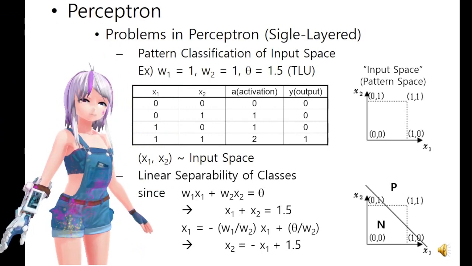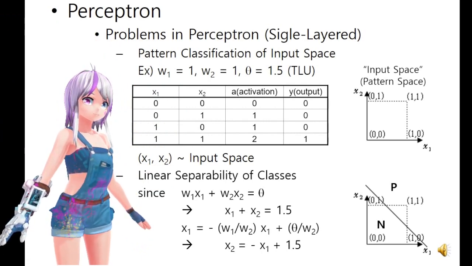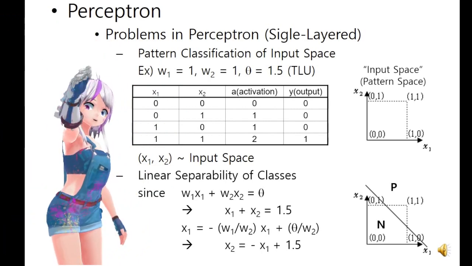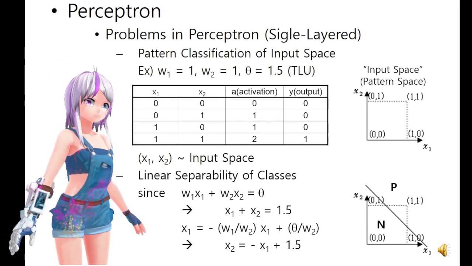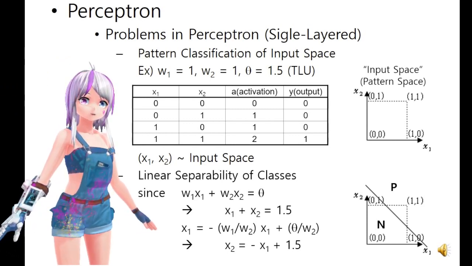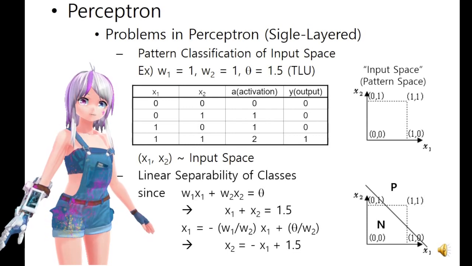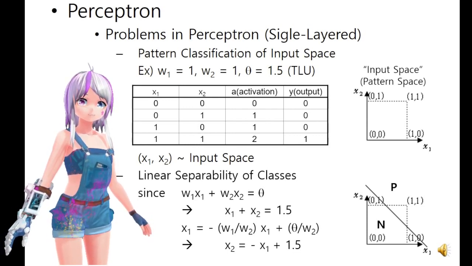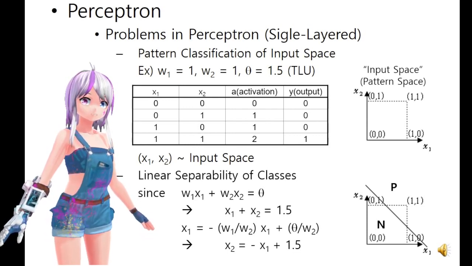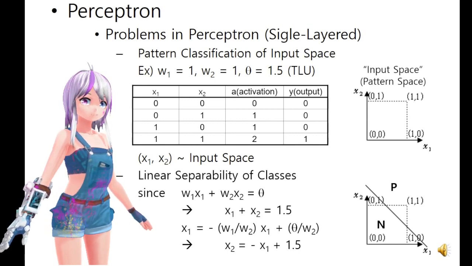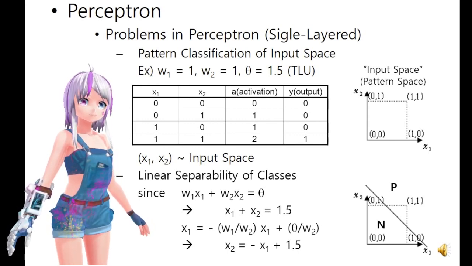If the value is greater than this, that is the positive region above the line, and below that line the output should be negative. If you compute and the output is less than 1.5, you have the negative region.